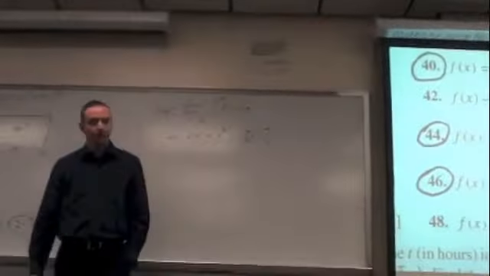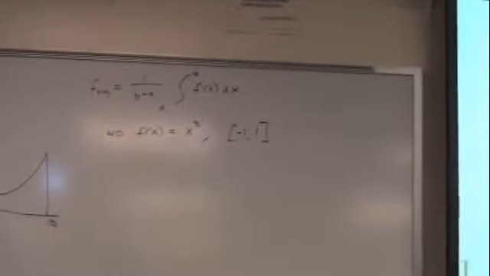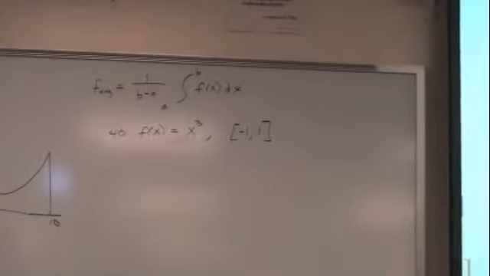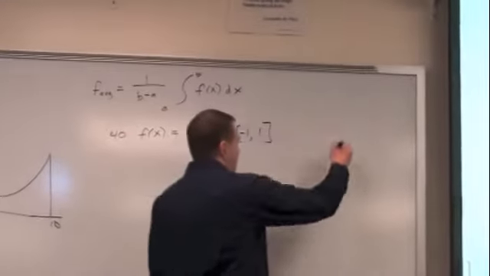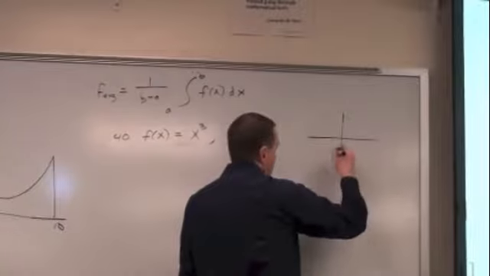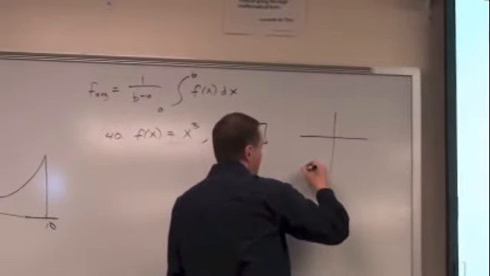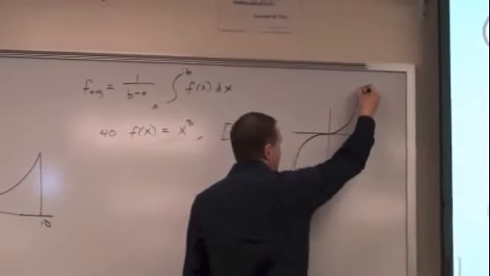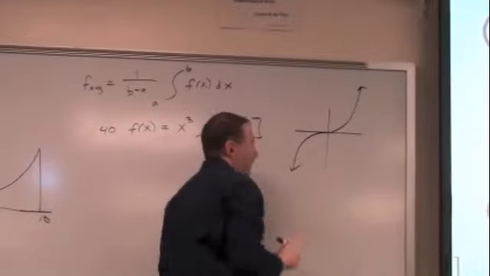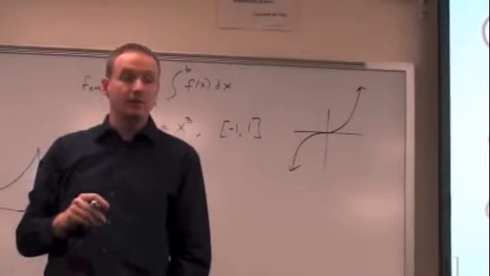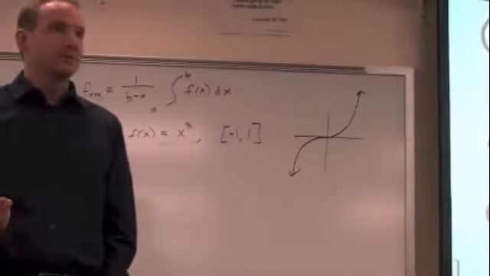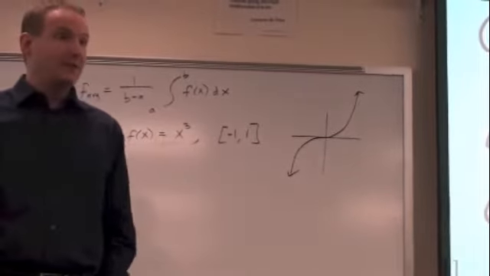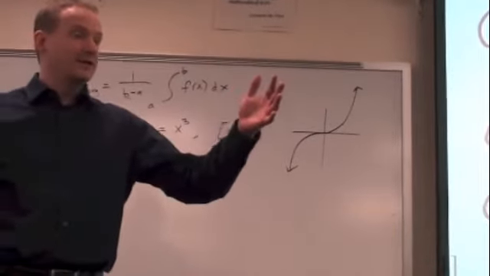So that's not going to be bad at all. The average value of x cubed between -1 and 1. Now, if you graphed out f of x equals x cubed between -1 and 1, you know x cubed looks like this. I am already 100% certain, since this is an odd function, as soon as I give you a negative x value and that positive x value is the same thing.